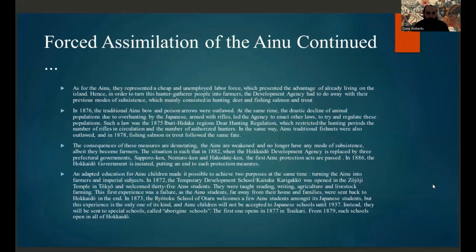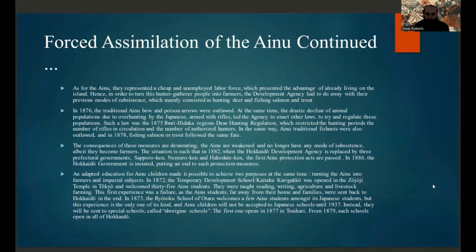Also, the Ainu would be forced to take on Japanese education in hopes of turning the Ainu into farmers and imperial subjects. They were taught reading, writing, agriculture, and livestock farming. The first experience was a failure, as the Ainu students, far away from their homes and families, were sent back to Hokkaido in the end.